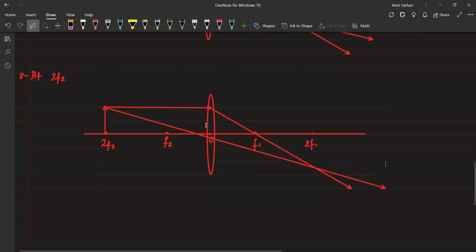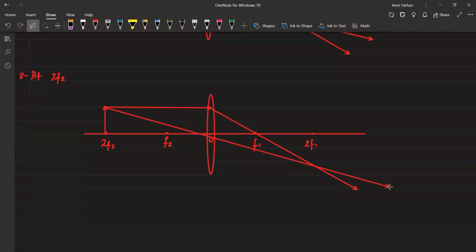There is some asymmetry due to rough hand drawing, because I am not drawing to any scale. Please pardon me for that. As you can see, the intersection point lies exactly beneath 2F1. The image is of exactly the same height as the object.